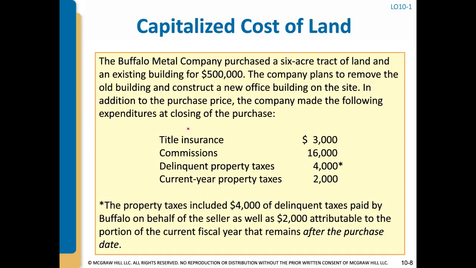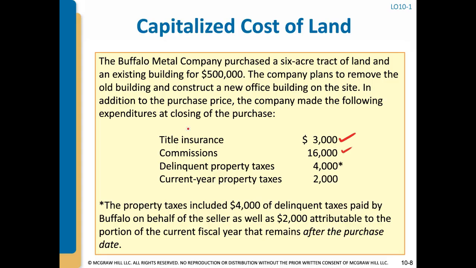Let's look at this example. Buffalo Metal Company purchased a 6-acre tract of land and an existing building for $500,000. The company plans to remove the old building and construct a new office building on the site. In addition to the purchase price, the company made the following expenditures at closing of the purchase. They have title insurance, that is going to be capitalized.